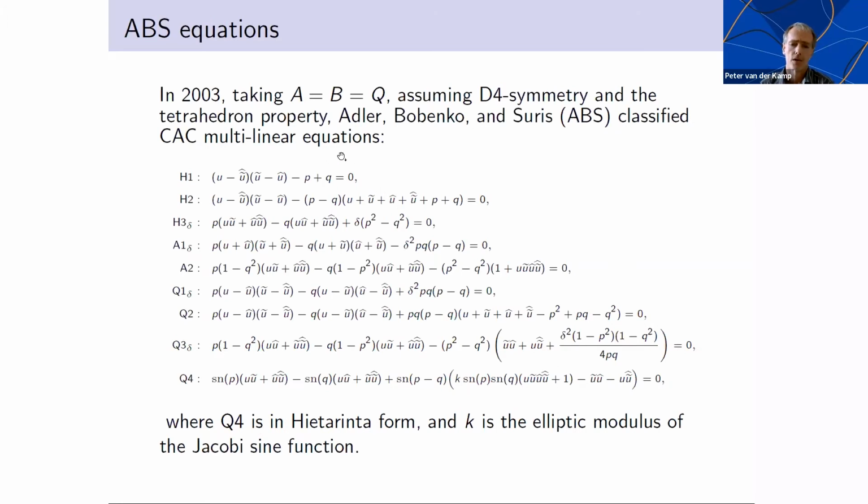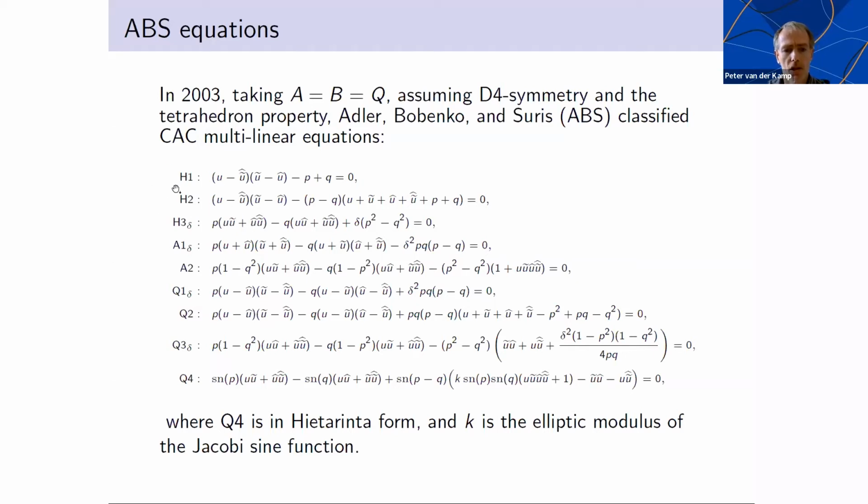So if you take all equations kind of the same, up to kind of a trivial change of parameters and variables, then you can classify all these equations. This was done by Adler, Bobenko, and Suris, and they obtained a list. So this list is organized in 3 different types.